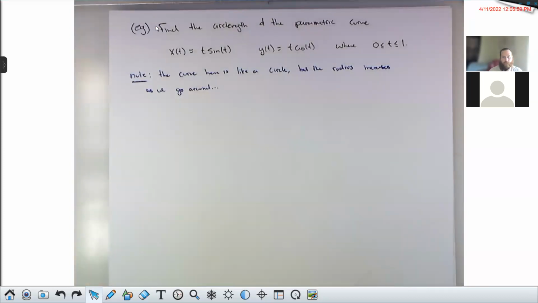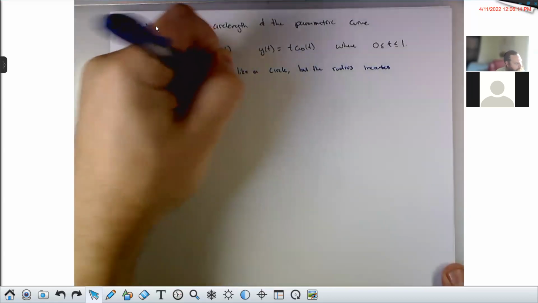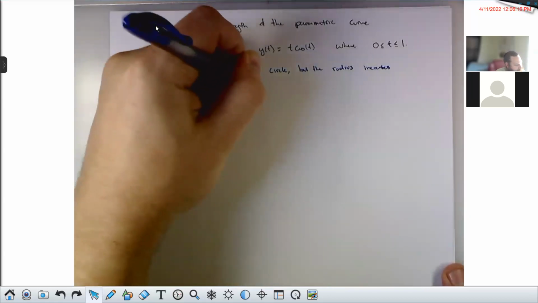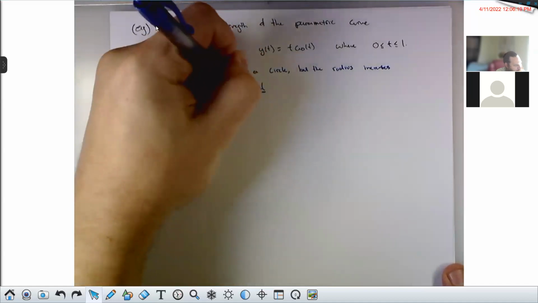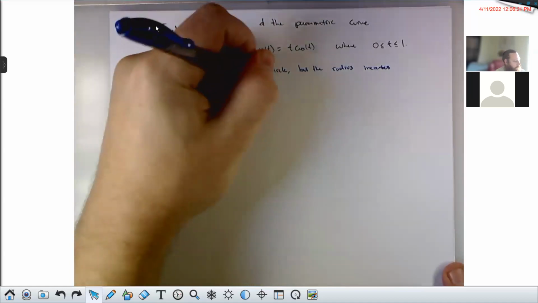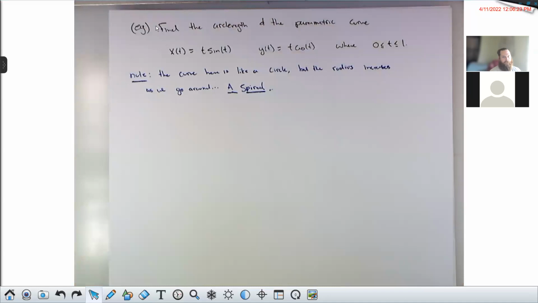So here the curve is like a circle, but the radius increases as we go around. There's a common English word for shapes like that. This is a spiral. Particularly, it's an Archimedean spiral.